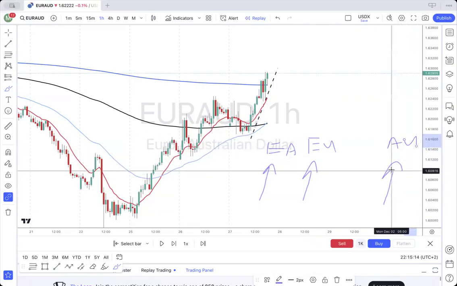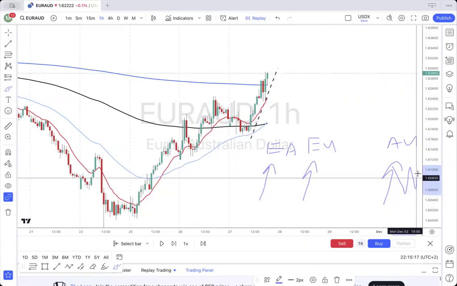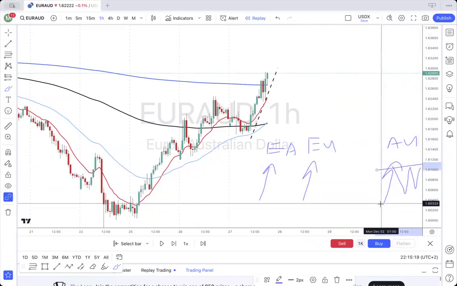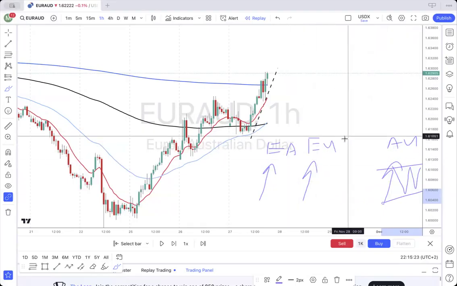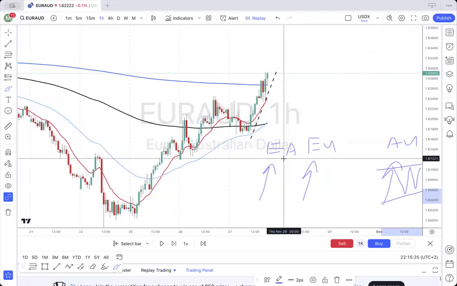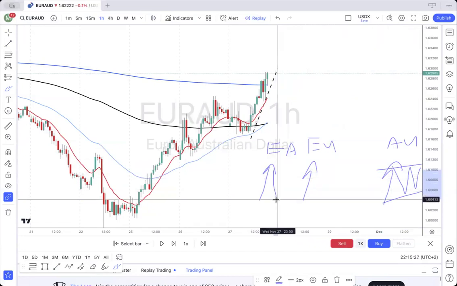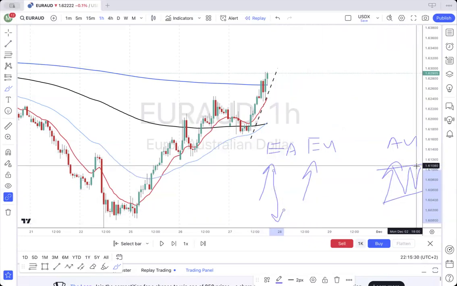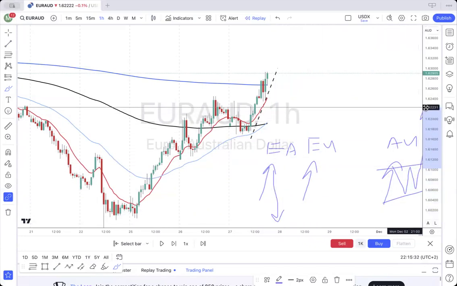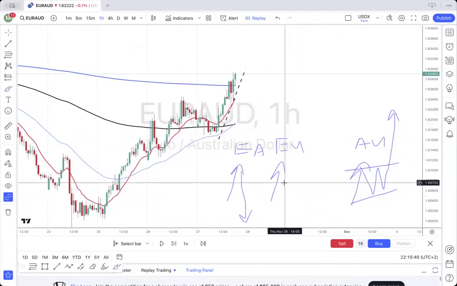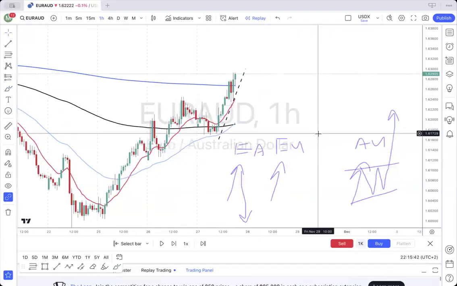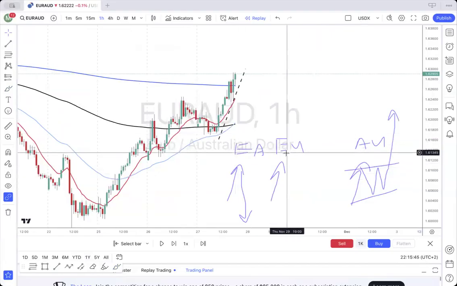Even if AU is a buy, it will be consolidating whilst EA and EU are buying, until it comes to a point where this one is now a sell. Only then AU will buy. It will only buy if that one becomes a sell. So that's the trick that you should know when you're trading these pairs, the relation of these pairs.